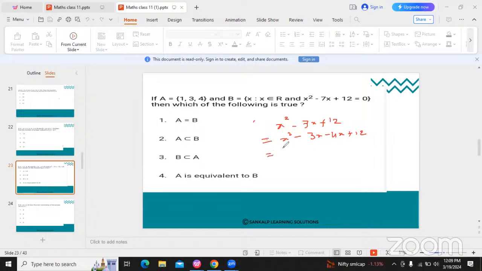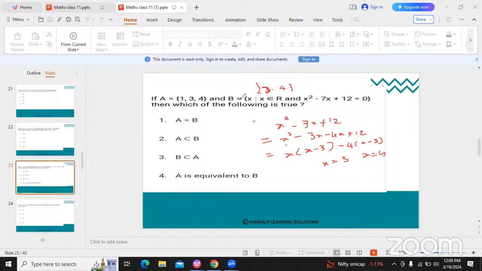Take the commons: x into bracket x minus 3, and minus 4 into bracket x minus 3. So x is 3 and x is 4. So set B is nothing but 3 comma 4.